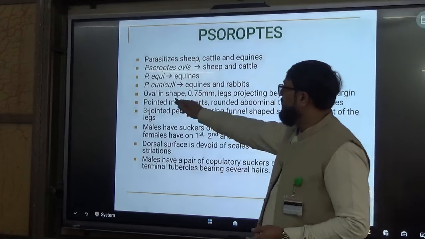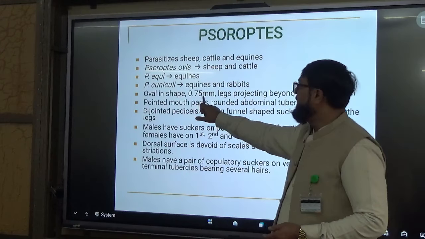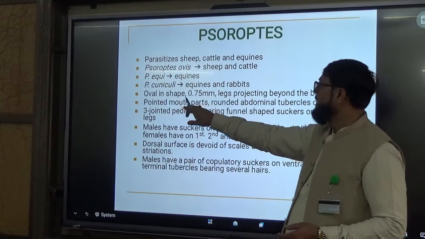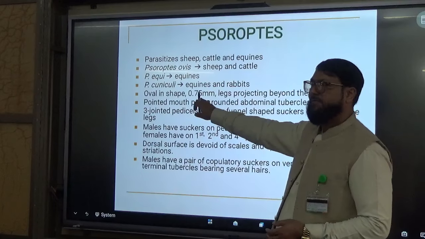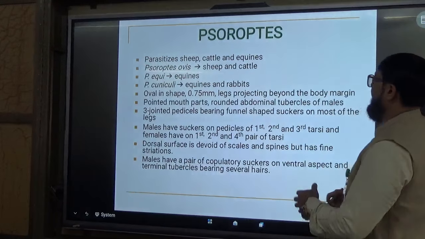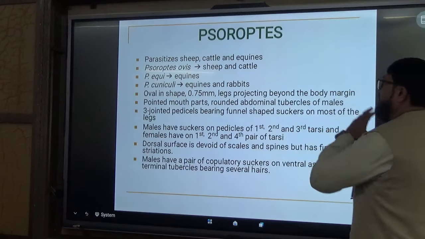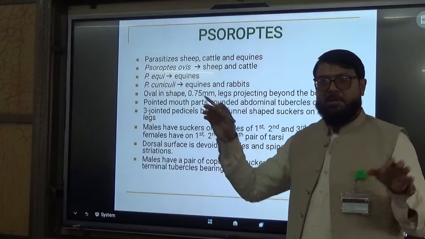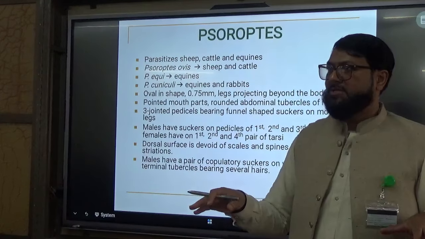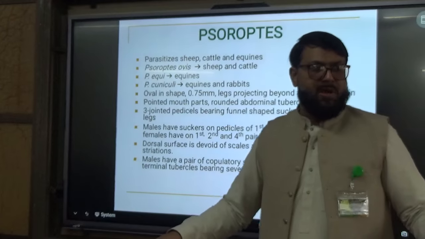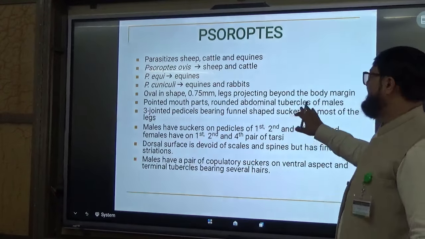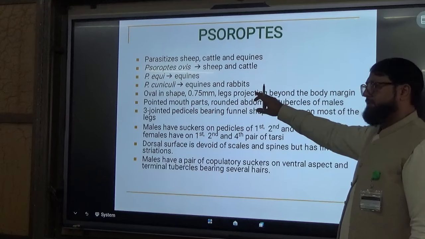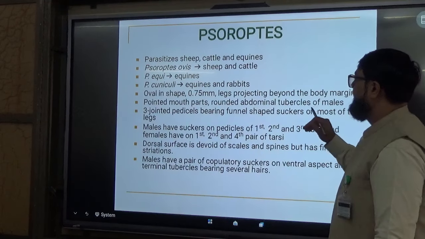They are all oval in shape, and a little larger. Earlier we talked about 0.4 millimeters. Here they are a little larger, about 0.75 millimeters, and legs are projecting beyond the body margin. So this is again a point. In Sarcoptes, the posterior two legs were not projecting beyond the body margin. Here we are at least able to visualize them on the dorsal side. We'll see in the next slide.